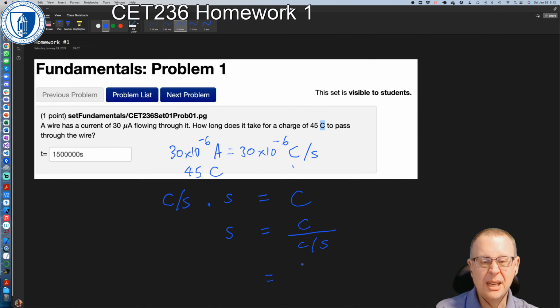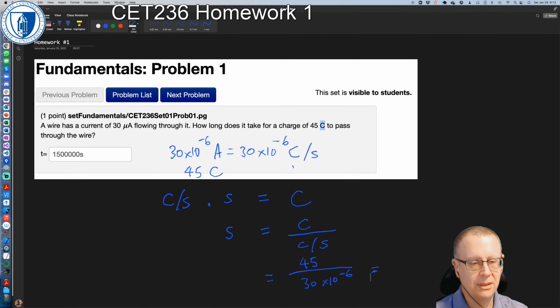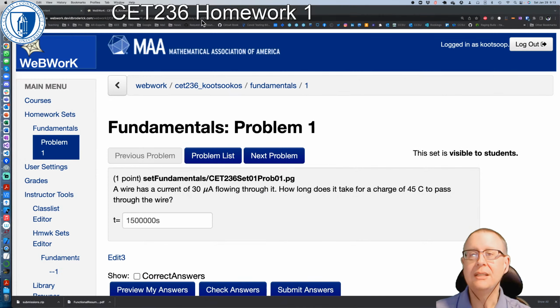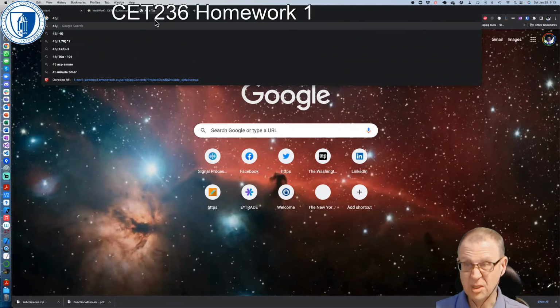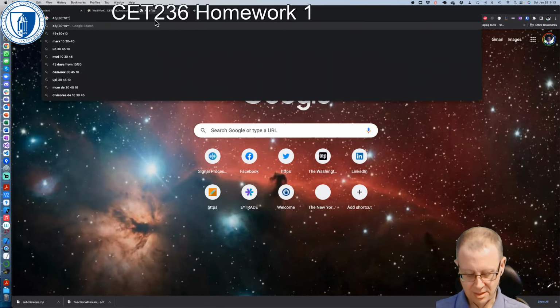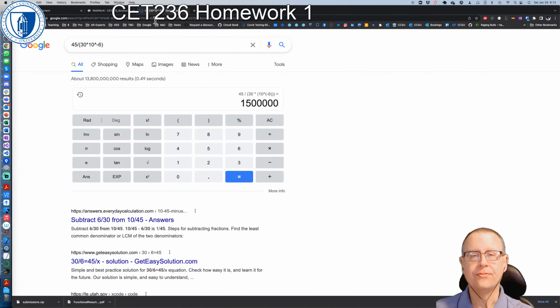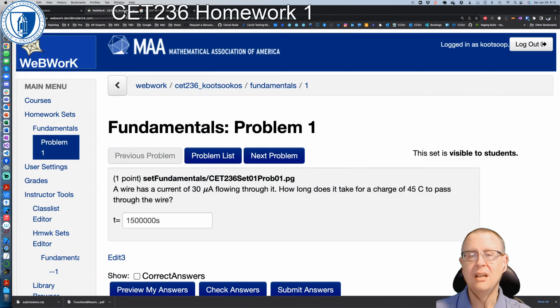The coulombs that we want to accumulate is 45, so let's go here and just say we've got 45 divided by 30 by 10 to the minus 6, and that gives us that number. And I think that's what I had before.